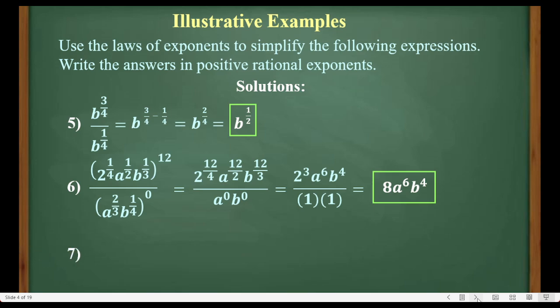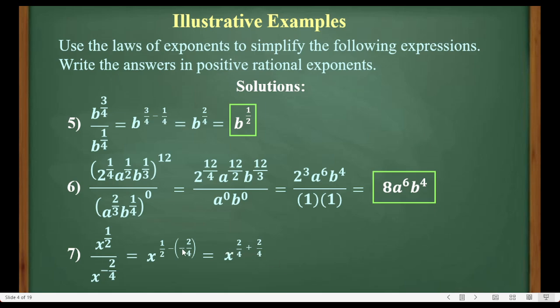Next, number 7, x raised to 1/2 over x raised to negative 2/4. This will give us x raised to 1/2 minus negative 2/4. And this will give us x raised to 1/2 plus 2/4.